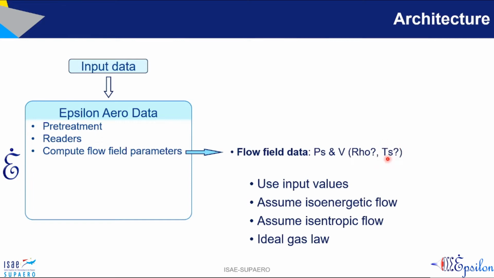In that case, you can complete the missing parameter by assuming isoenergetic, isentropic flow. You have some options to deal with it. Because, for example, if you actually activated the energy equation, you will have the static temperature, and in that case, you want to use the input value. You don't want to recompute that. So you have several options depending on your needs.